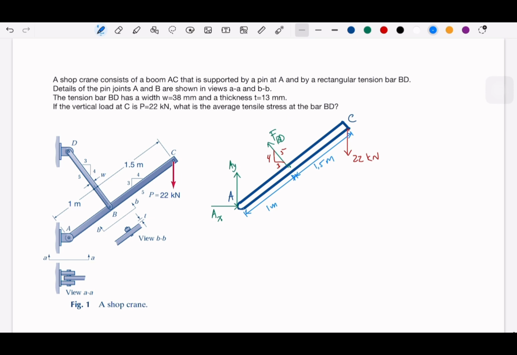What should we use from statics? There are only two options, sigma F equals 0 or sigma M equals 0. If you use F, for vertical you have this, and you can construct another one here. But you need another process to calculate this one, right? You need to have the x.